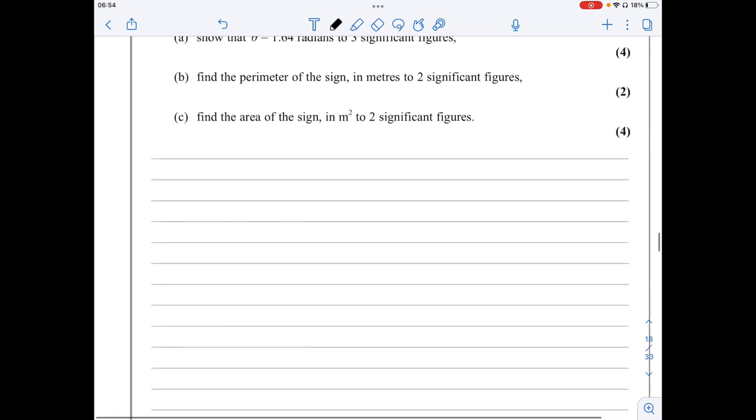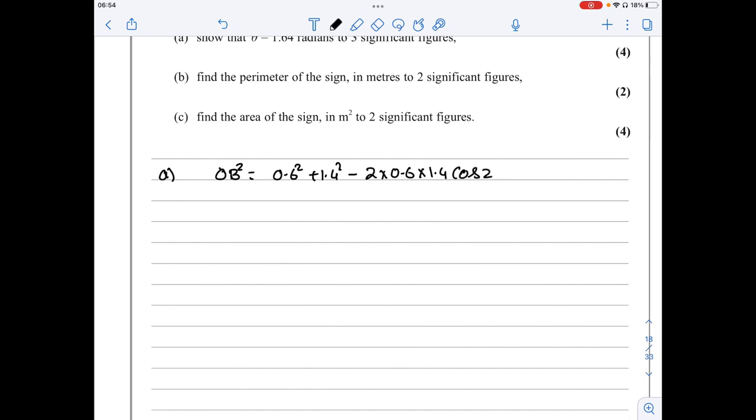So I can find OB using the cosine rule. OB square equals 0.6 square plus 1.4 square minus 2 times 0.6 times 1.4 times cosine 2. So OB equals the square root of 0.6 square plus 1.4 square minus 2 times 0.6 times 1.4 times cosine 2. Using the calculator, you should get 1.738.